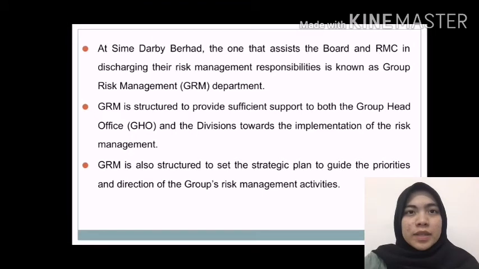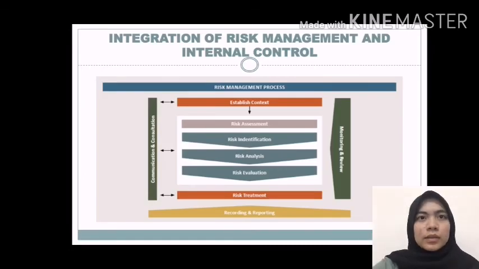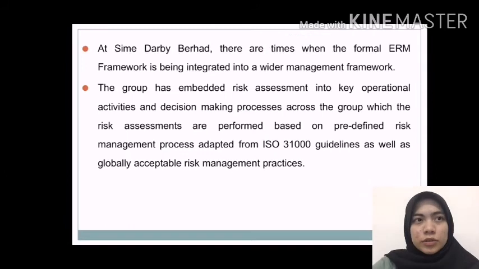GRM is structured to provide sufficient support to both the Group Head Office (GHO) and the divisions toward the implementation of risk management. GRM is also structured to set the strategic plan to guide the priorities and direction of the group's risk management activities.